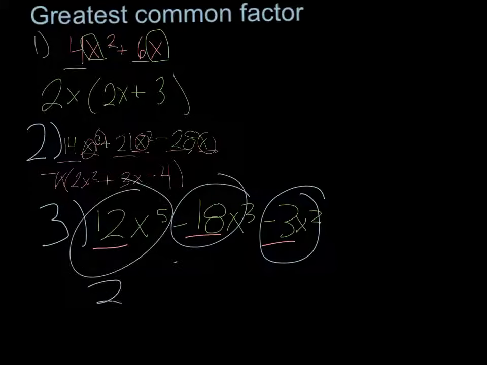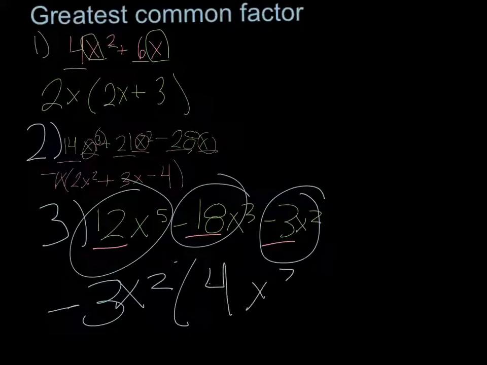And remember, you're taking out a negative, so that makes it a negative. So you'd have 4x cubed, because you're taking a 2x out of that 5, minus 6x minus 1.